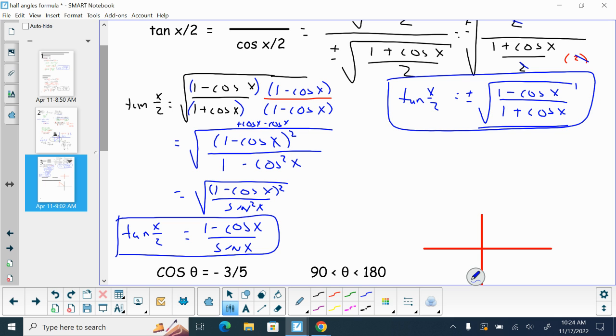This is the one I would suggest you utilize. The reason why is if I did have radicals with these things, it's a lot easier to rationalize my denominator when it's just one term in the bottom.